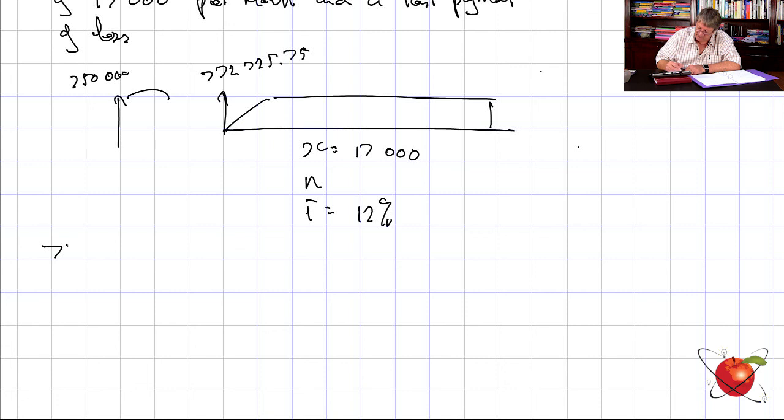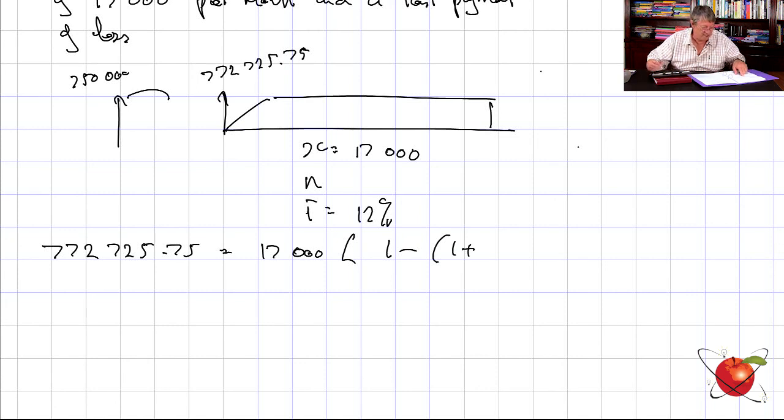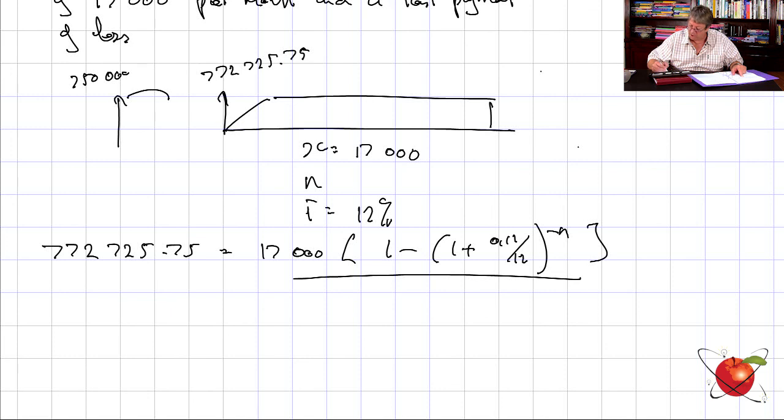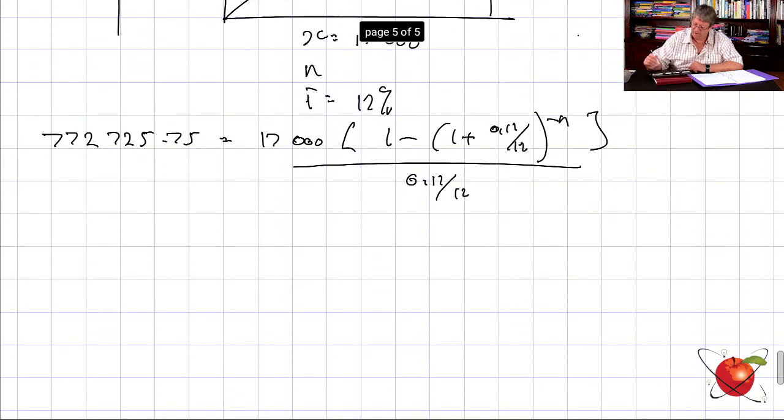I say 772,725.75 is equal to 17,000 times 1 minus (1 plus 0.12 over 12) to the minus N, all that over 0.12 over 12. This I now need to work out. I'm not going to go through the whole process.